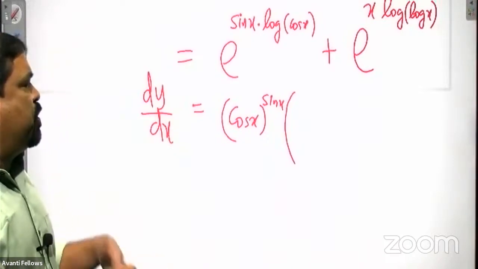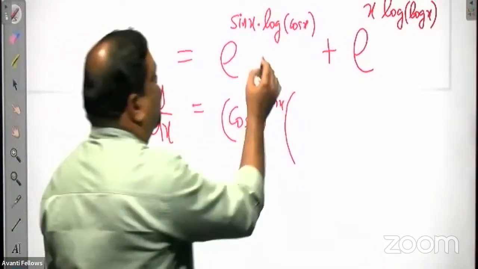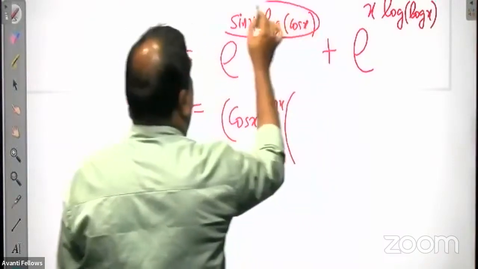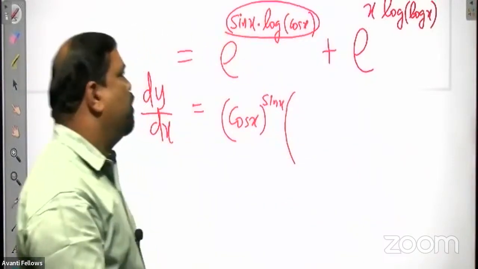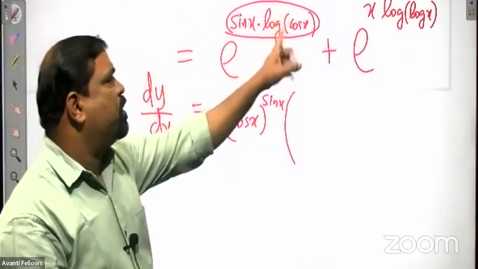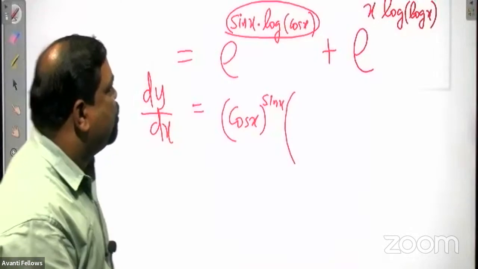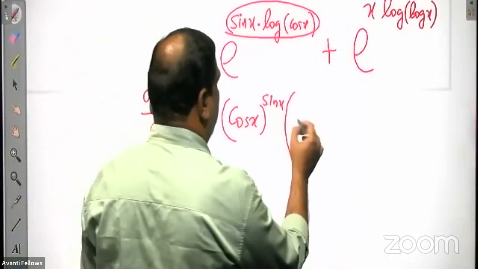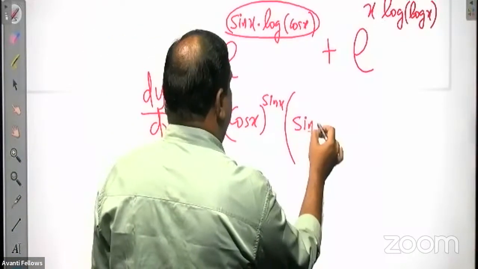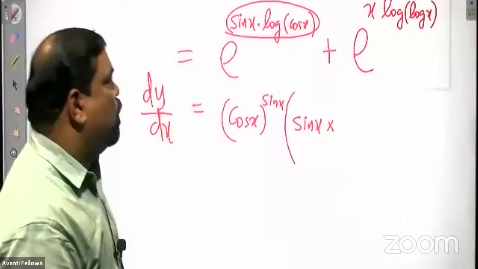So cos x raised to sin x into, here we have to apply the product rule now, the derivative of sin x log cos x. Sin x into the derivative of log cos x.